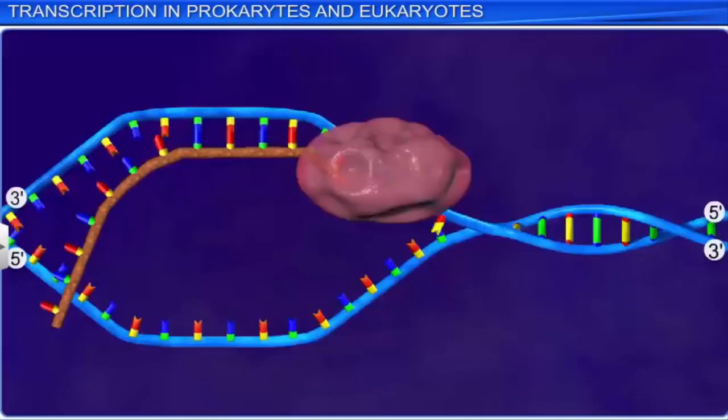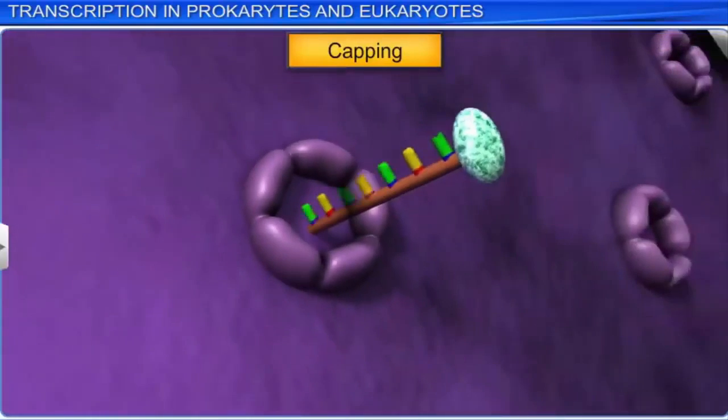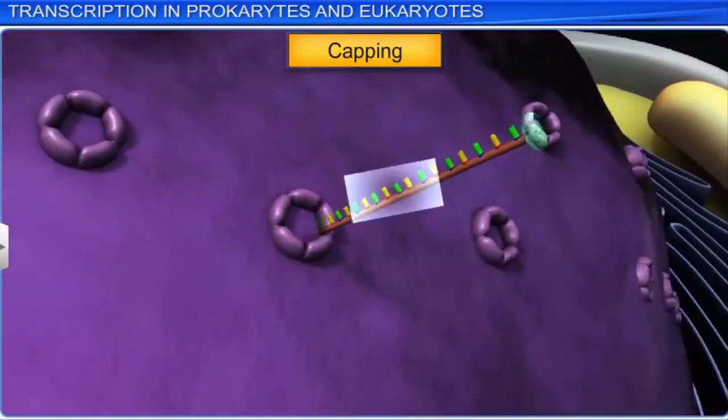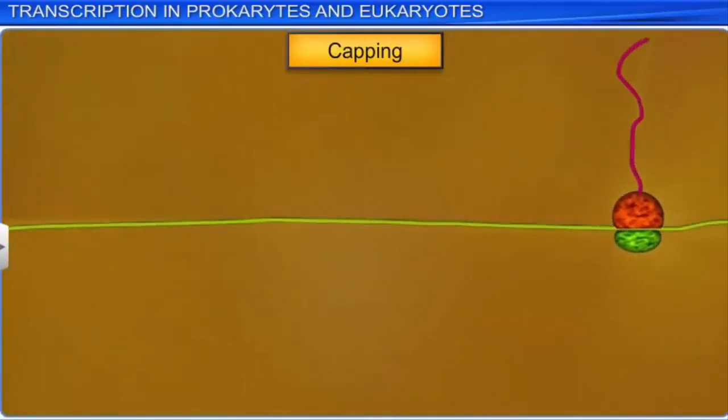The first process is capping, which involves an unusual nucleotide called methylguanosine triphosphate being added to the 5' end of the hnRNA. Capping helps mRNA to bind with small ribosomal subunits during protein synthesis.